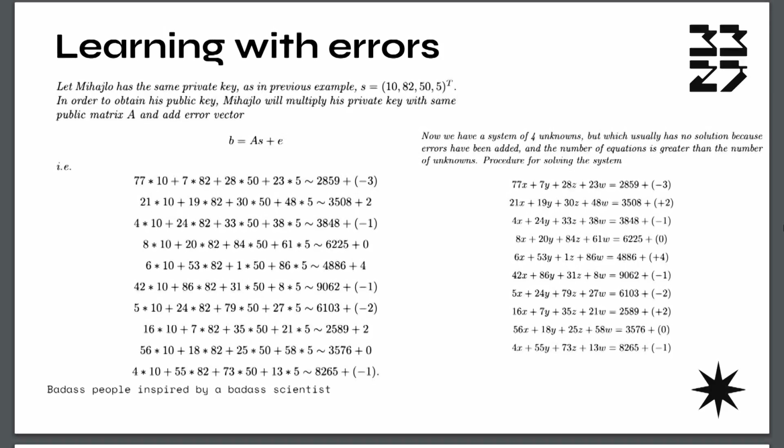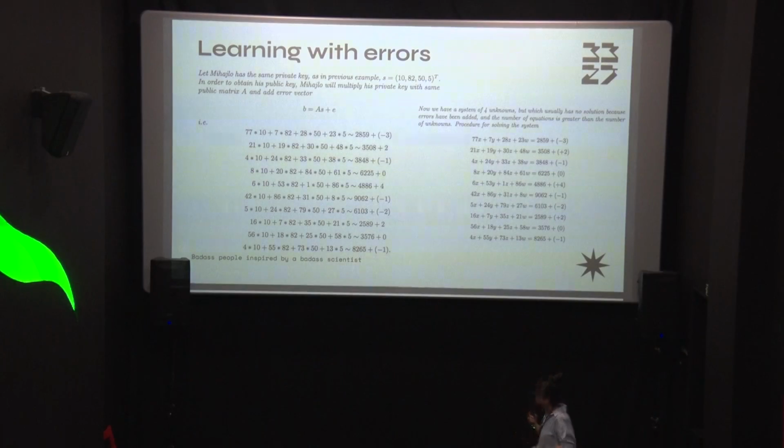So the left-hand side is the same as we already had in the previous example, and we will obtain, this was the public key from the previous example, and now we add some numbers, and these numbers are errors. And what are these errors? So we will choose some numbers from some range. Here in the example, we use numbers from the range from -5 to 5, okay? And we choose random values, and only Mihailo knows these values, okay?